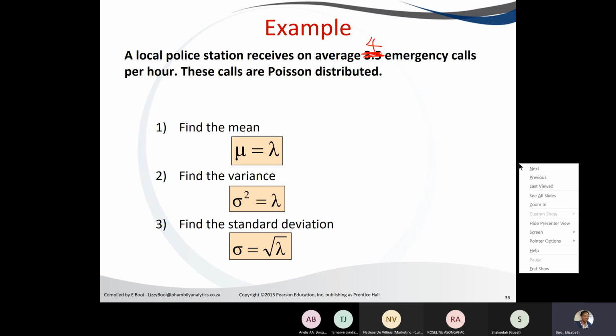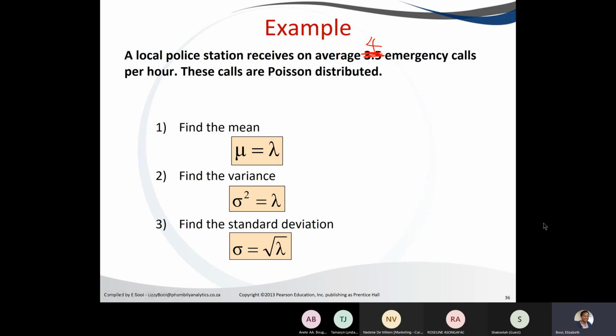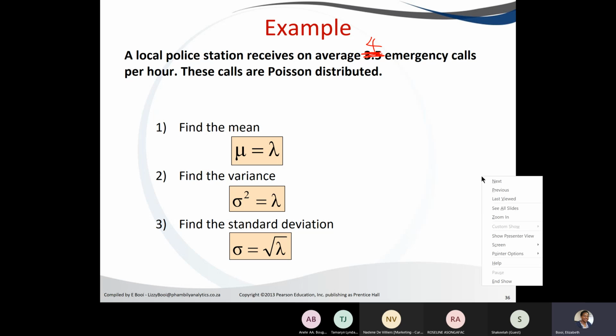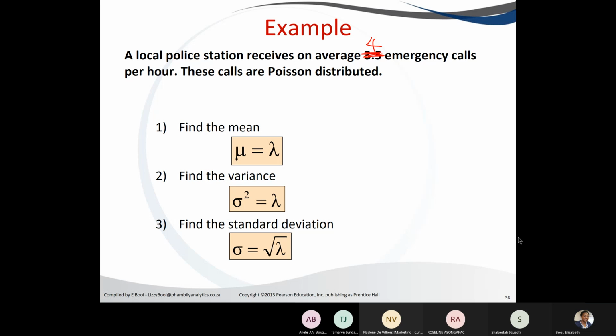Am I alone here or what? Do you guys hear me? Or maybe I'm speaking to myself. Am I muted? No, I'm not. Guys, what is the mean, the variance, and the standard deviation?